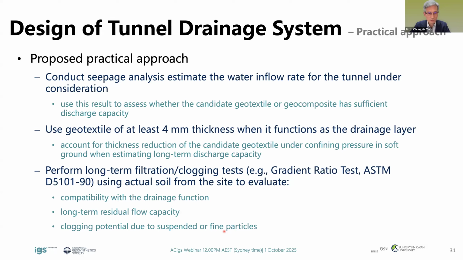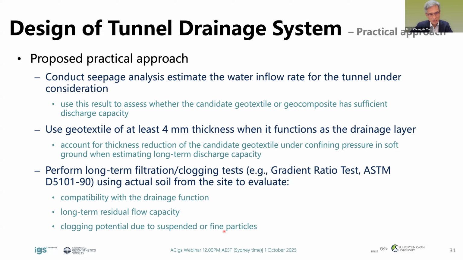And then use this result to assess whether the candidate geotextile or geocomposite has sufficient discharge capacity. And then use at least 4 millimeter thick geotextile when it functions as the drainage layer.